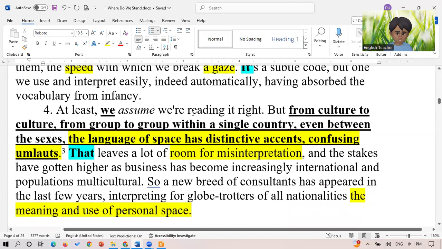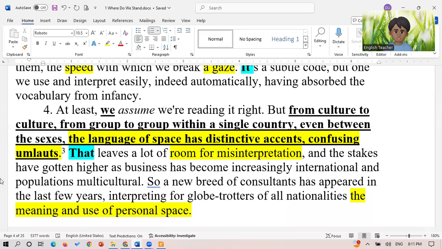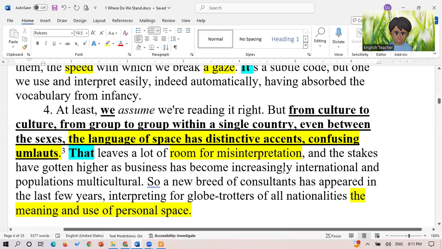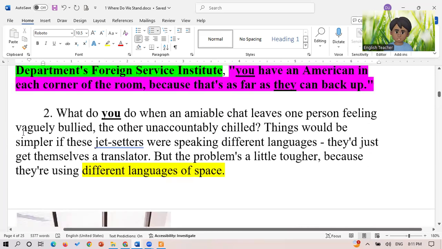At least we assume we are reading it right, but from culture to culture, from group to group, within a single country, even between the sexes, the language of this space has distinctive accents, confusing umlauts that leaves a lot of room for misinterpretation, and the stakes have gotten higher as business has become increasingly international and populations multicultural. The sentence which I have bold-faced and highlighted, this is the central idea of this essay. This is the thesis statement of the essay. This is the main thing which the writer says in this essay.